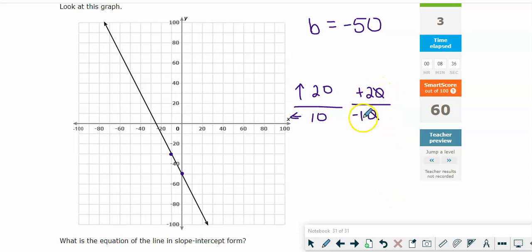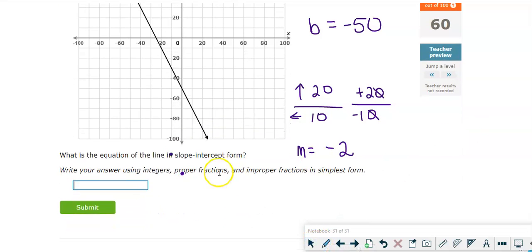So I've got -2 over 1, which is just 2. 2 divided by -1 is, I'm sorry, -2, not 2, -2. So m equals -2. So when I enter that in slope-intercept form, it's going to be y equals -2x minus, be sure you do minus 50 for the -50.